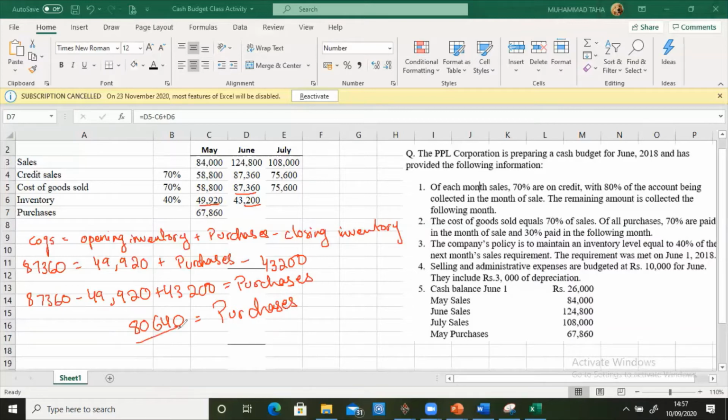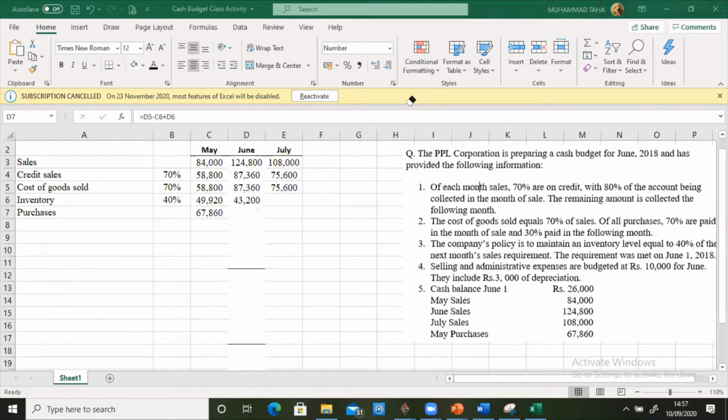Now that we have this value, we're going to insert it over here. These are the purchases for June.